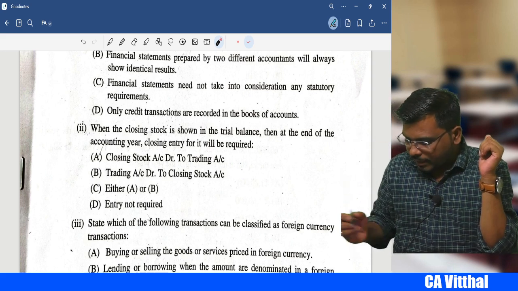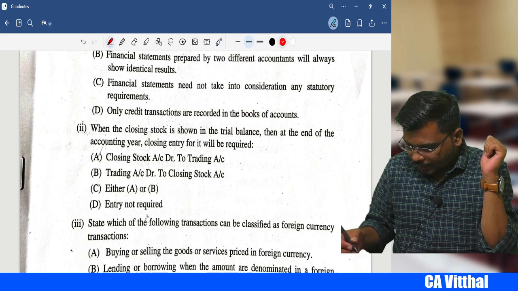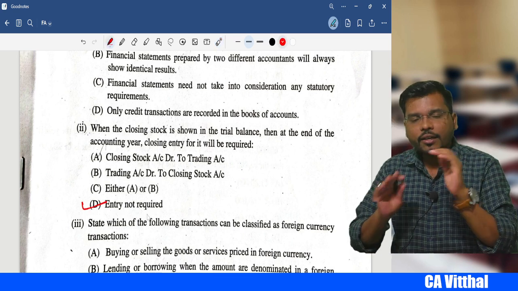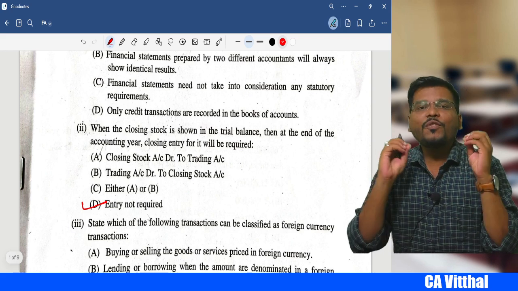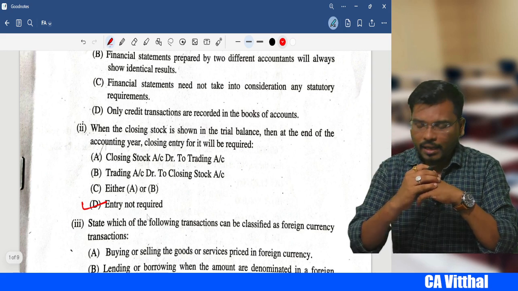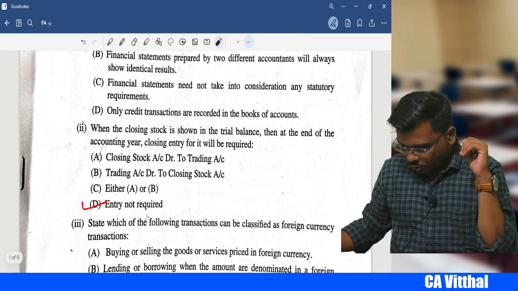So what will be the correct answer here? That is, no entry is required for closing stock if it appears in the trial balance. Let's come to the next one.